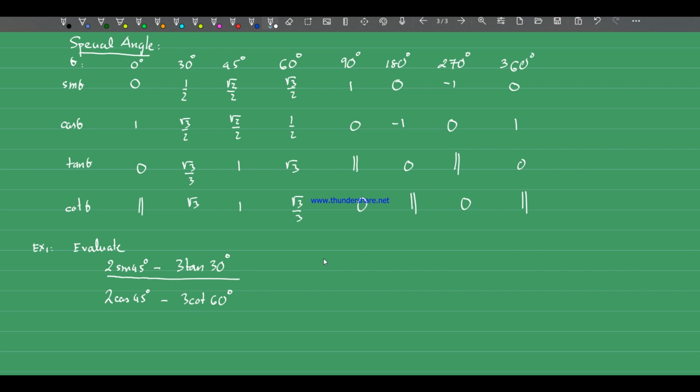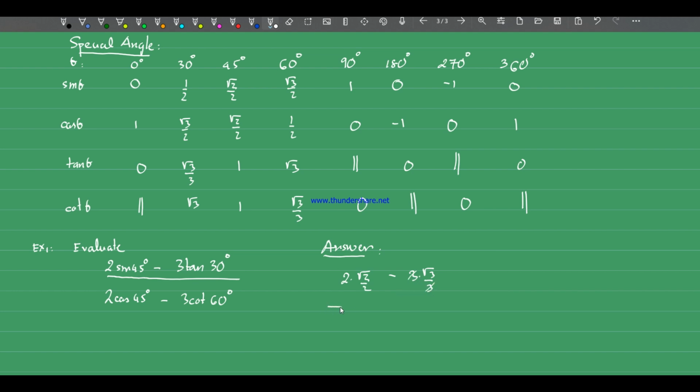Alright, in order to evaluate this, it's very easy. You just need to look at the table, or you memorize the values. I recommend you memorize them. Sine 45 degrees is square root 2 over 2. Minus 3 tangent 30 degrees; tangent 30 is square root 3 over 3.